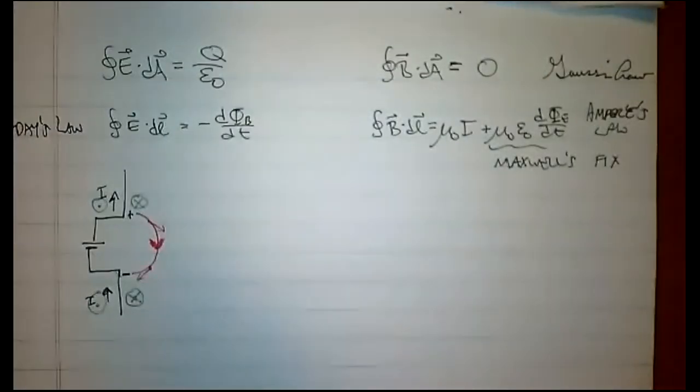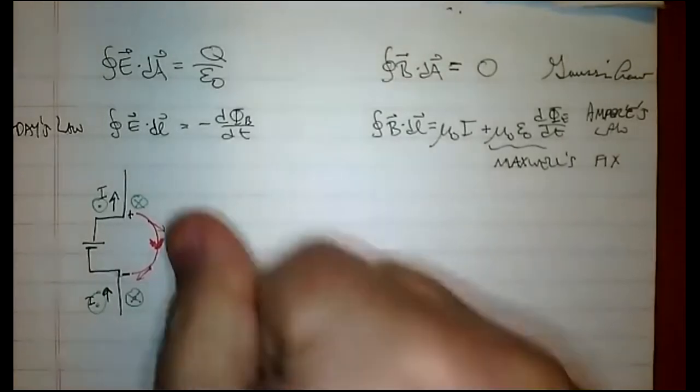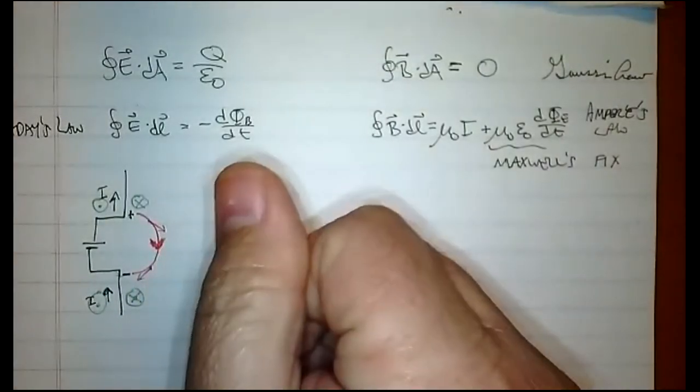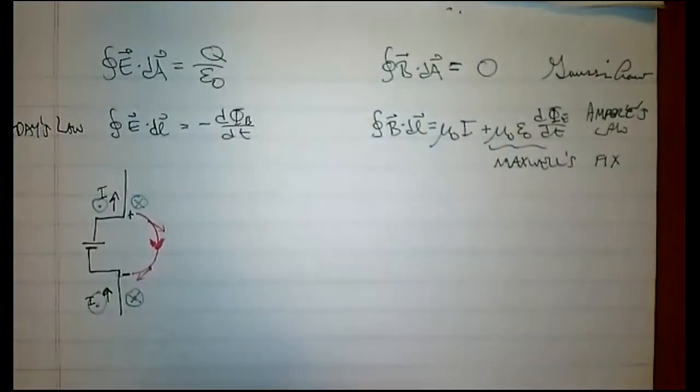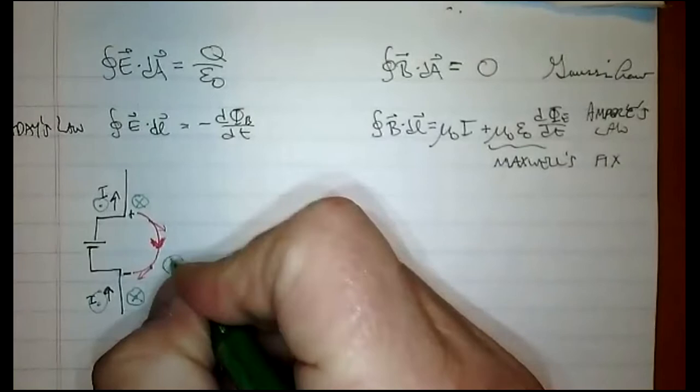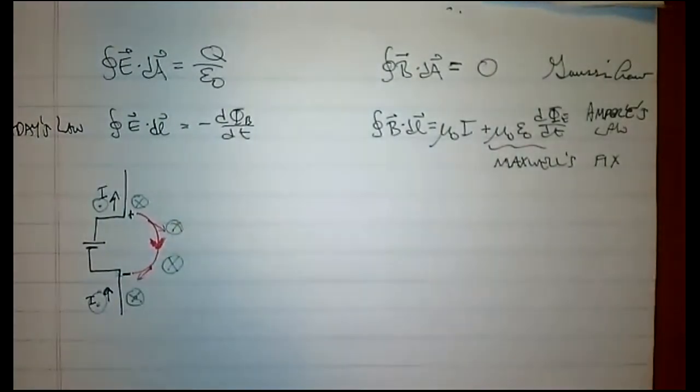Well, that little compulsion of positive charges to move in a particular direction is in fact a way to create a current. And that current, of course, is going to cause a magnetic field as well. So you'd actually get more magnetic fields all the way around here.